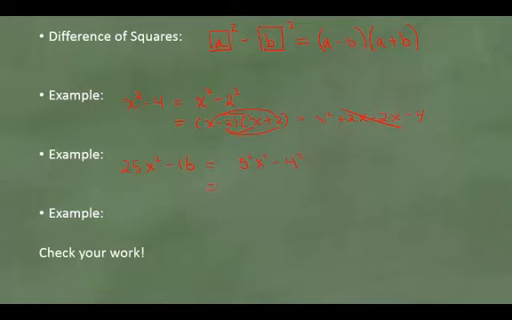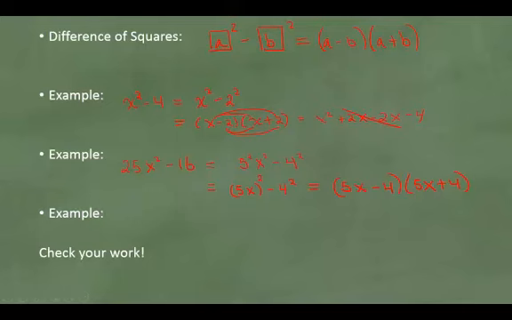You just have to rewrite it a little bit. This 5 squared times x squared can be written as 5x squared minus 4 squared. So we do in fact have a difference of 2 squares. So 2 squares and they're being subtracted. So this will factor to be 5x minus 4 times 5x plus 4. And you should check it.